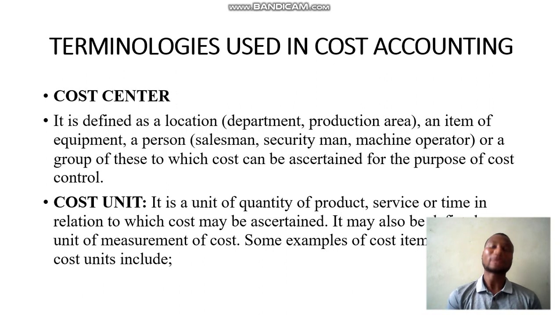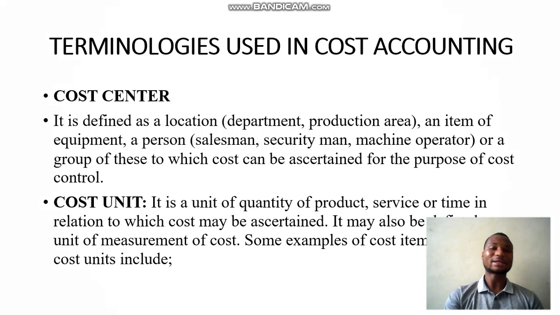To throw more light on it, let's see some examples of cost units. Take a school, for example. There's a unit that we use to measure the cost of a school. What do you think it will be? You are right, a student. So a student is the cost unit in measuring the cost of a school.